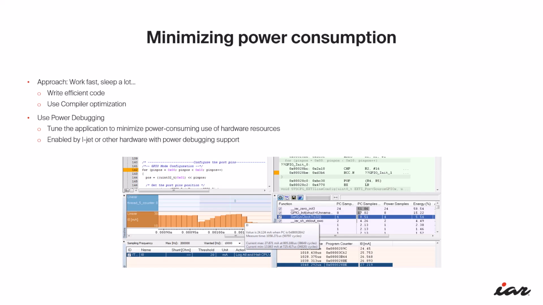Of course, this needs to be enabled by probes like iJet or other hardware with power debugging support. There are plenty of examples out there. You can use the solutions from ST, from Segger J-Link, and even some TI probes support that. So you need to make sure that you can really measure how your application is behaving, and then you can focus on which areas you can optimize.